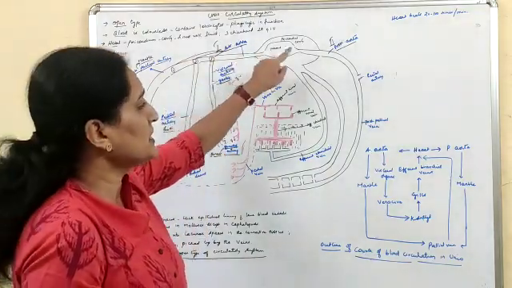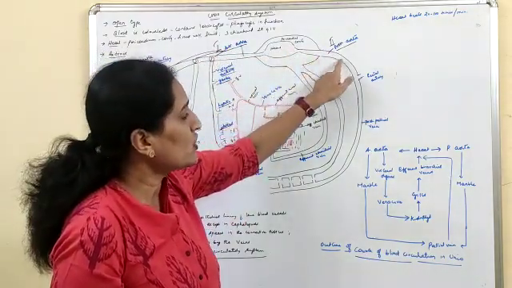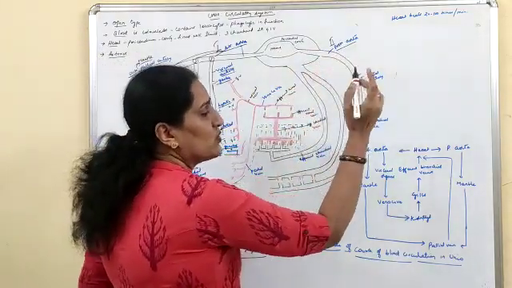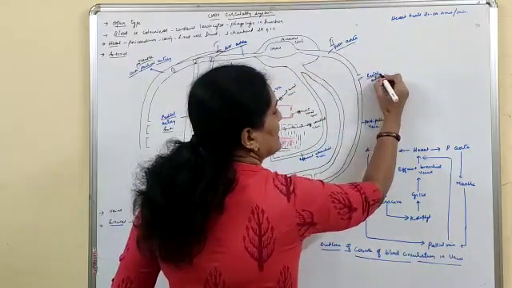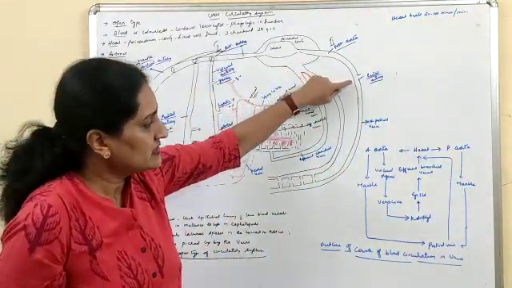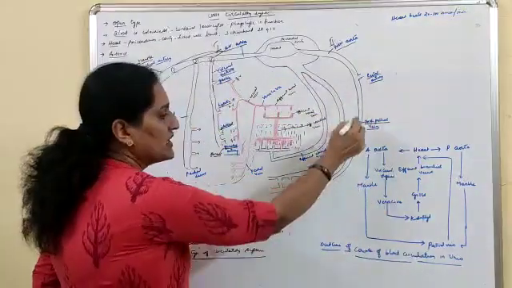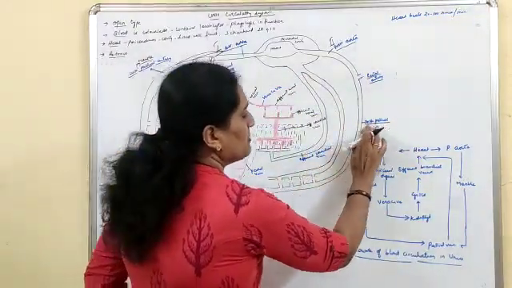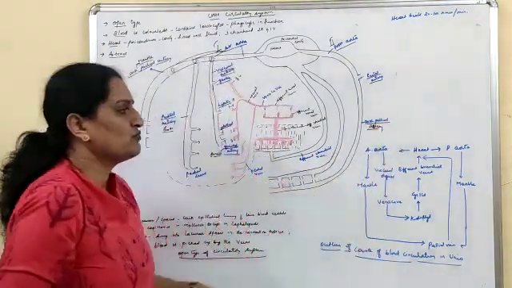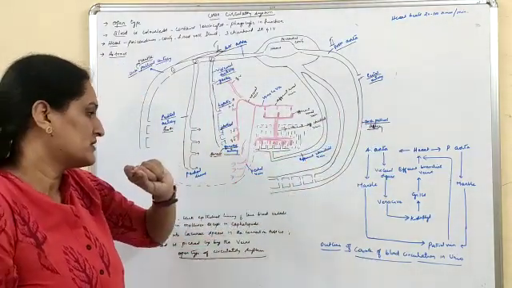Now, coming to the posterior aorta. This posterior aorta runs along the posterior side of the Unio, and it gives off only one branch, which you call the rectal artery, that supplies blood to the rectum, and then it continues down as the posterior pallial artery, wherein it supplies blood to the mantle.